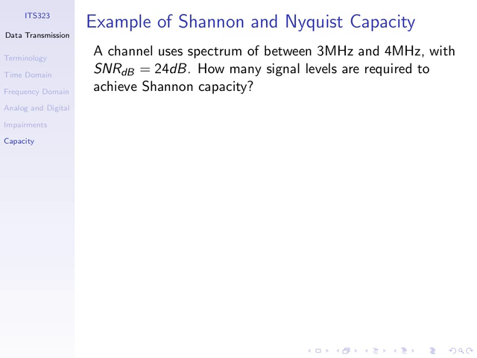So now, using the Nyquist equation, 8 megabits per second is the capacity that we want. The bandwidth B is 1 megahertz. 2 times the bandwidth. This is the Nyquist equation. Log base 2 of m.